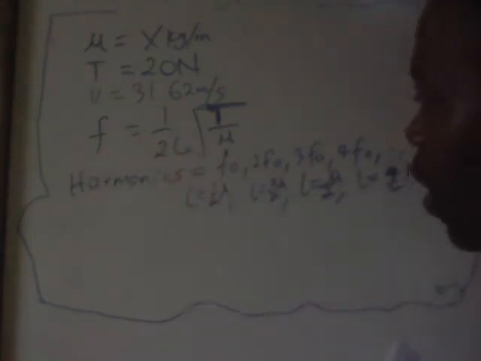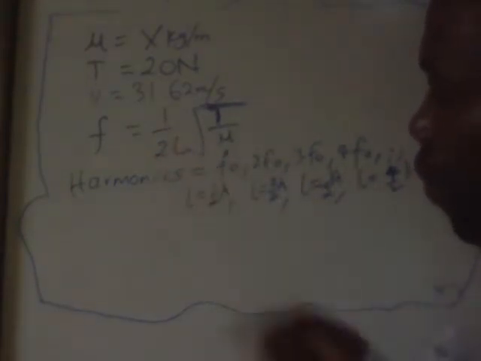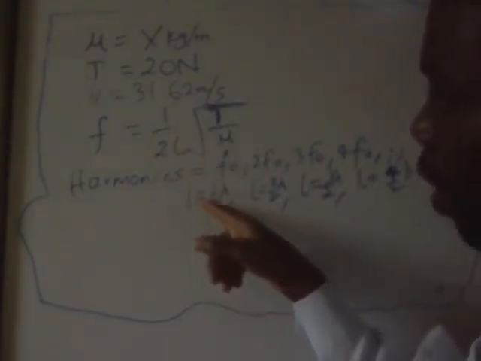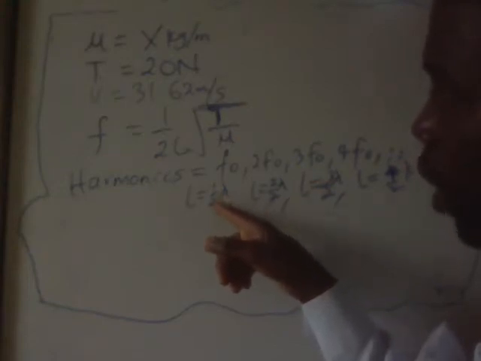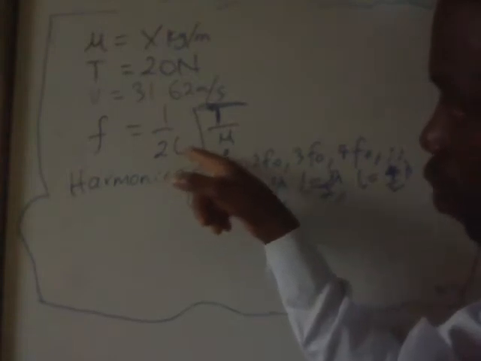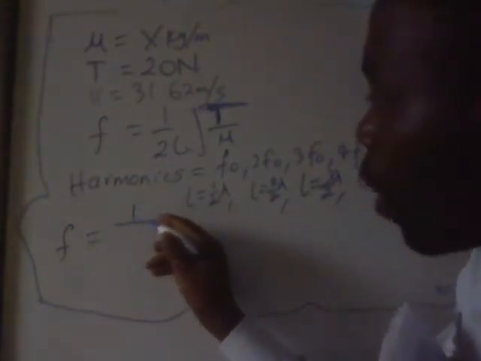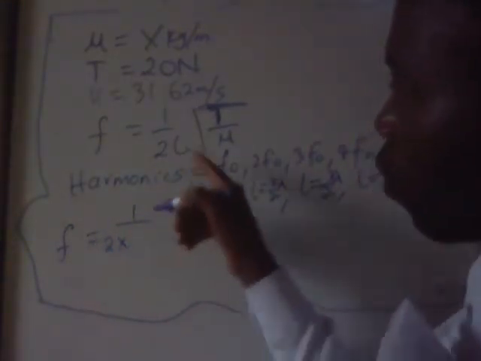If you replace your L, L is half lambda, so I can come here and substitute in the formula. I have F equals 1/2 times, what is my L?